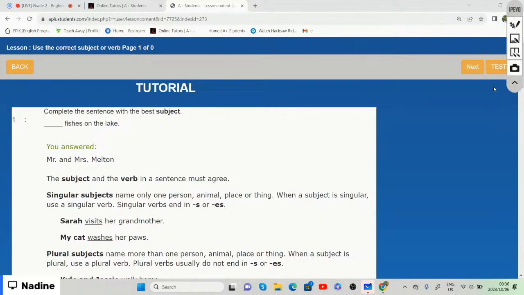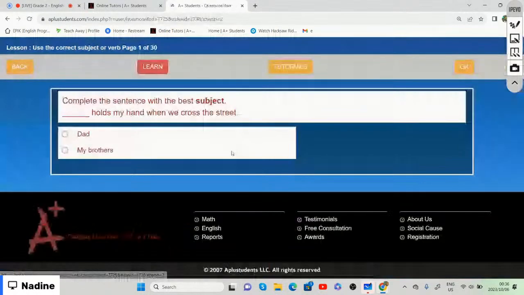All right, let's go to our test. We need to complete the sentence with the best subject. Holds my hand when we cross the street. So, holds my hand when we cross the street.